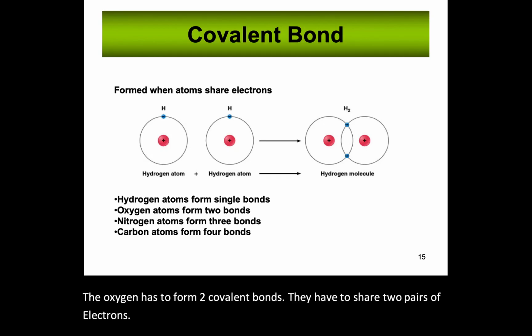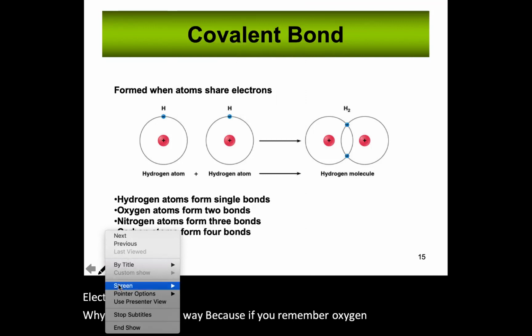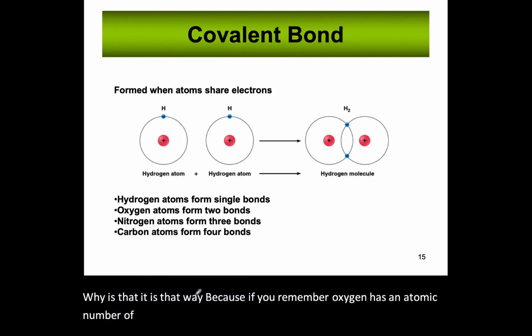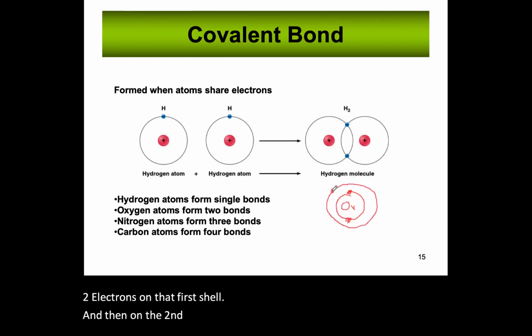Why is that? Well, it is that way because if you remember, oxygen has an atomic number of 8, which means it also has 8 electrons. Right? So oxygen is going to have 2 electrons on that first shell, and then on the second shell, it's going to have 1, 2, 3, 4, 5, 6.